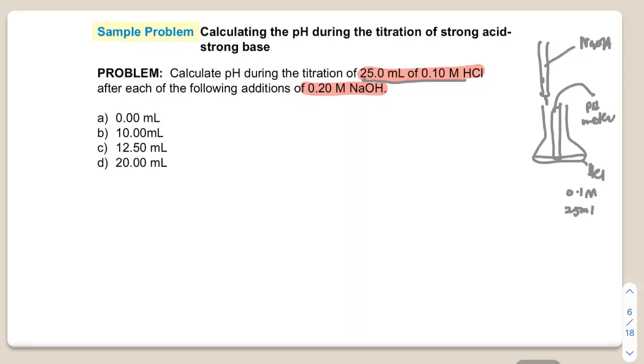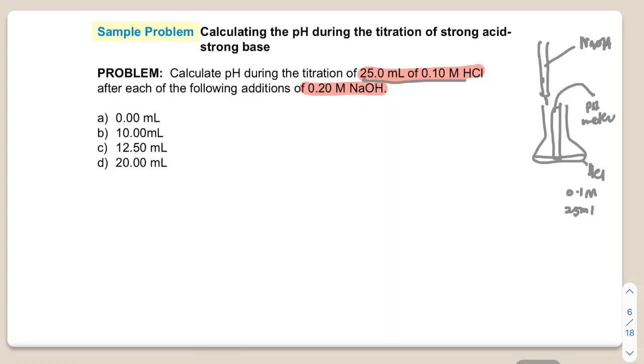So when you get a question, firstly you have to identify the solution in the conical flask and the solution in your burette. Since we know the exact volume and also the concentration of the HCl, we know that HCl is the one in here because it will be constant, it will not change.